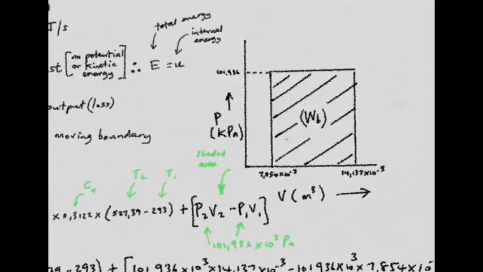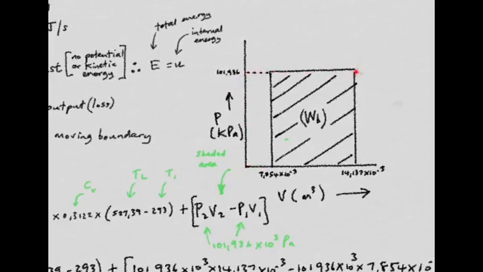Remember what's happening there. We have constant pressure during this process. We start at a certain volume and we end at a bigger volume. So this shaded area is the work done on the boundary. Okay, now how do we find that shaded area? Well, we take this triangle over here. Note where the red dot's going.